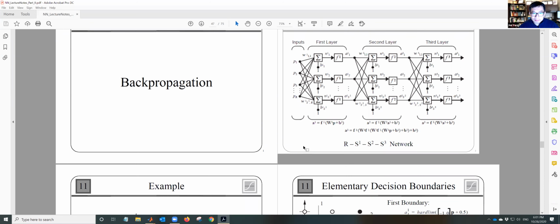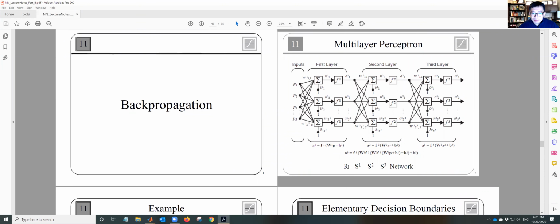This R is not a layer. S1 is the first layer, S2 the second layer, S3 the third layer. What does S1 mean? S1 means how many neurons we have. You see, this is the first neuron, second neuron, and then we have S1 neurons. And then we have S2 neurons.